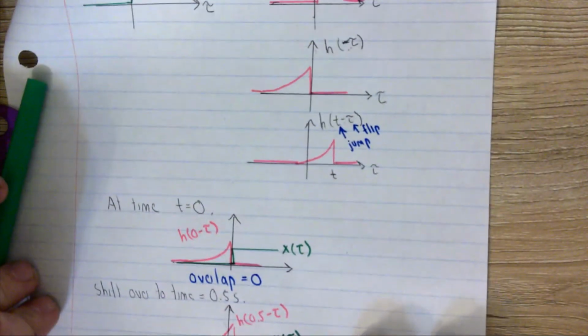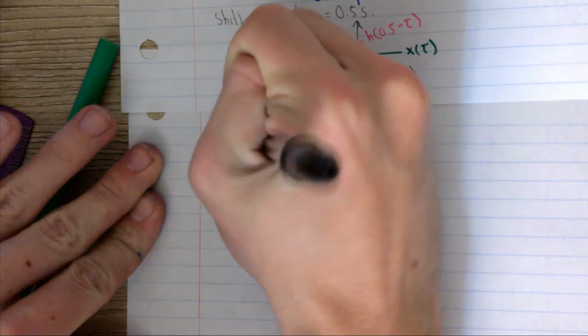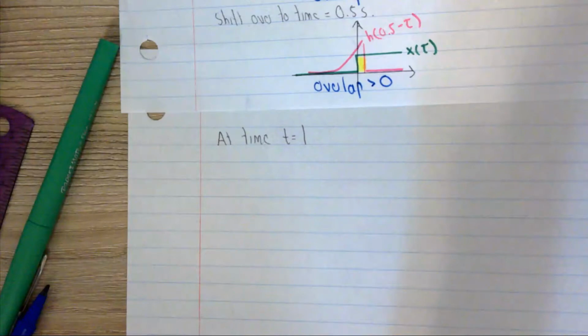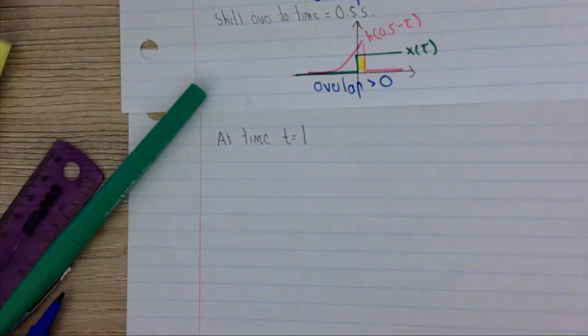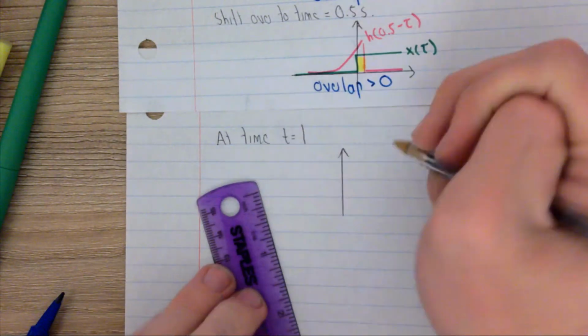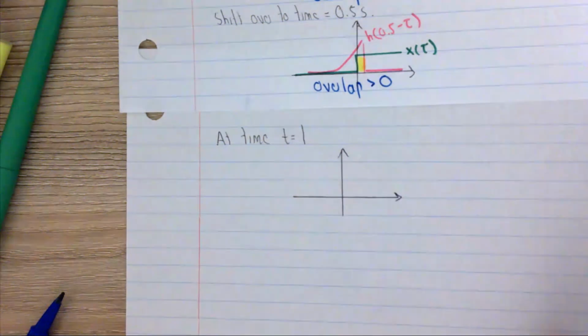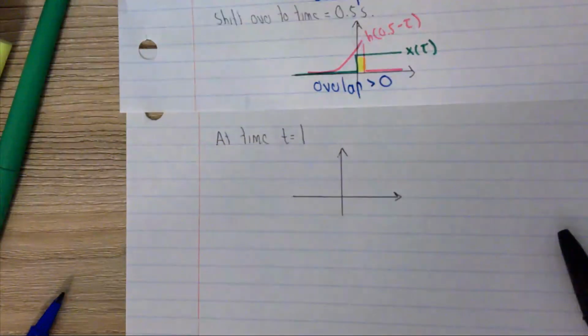I'm going to get another sheet and just show it right here. At time t equals 1, we're going to have the two curves, and then we shift it over a little bit more.